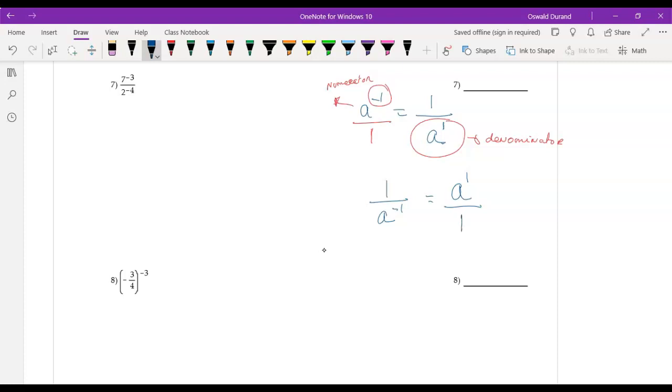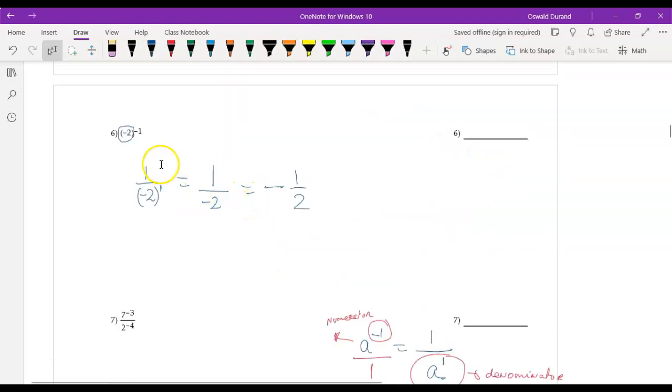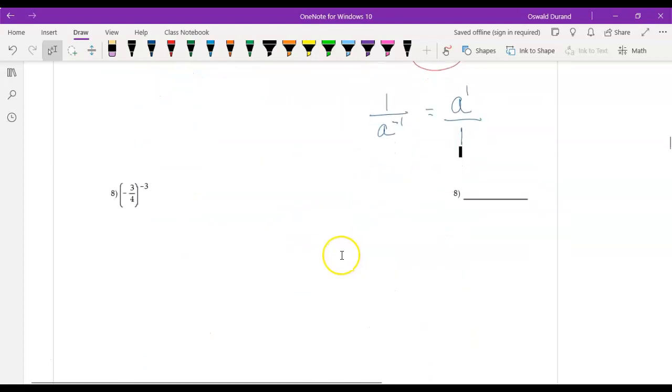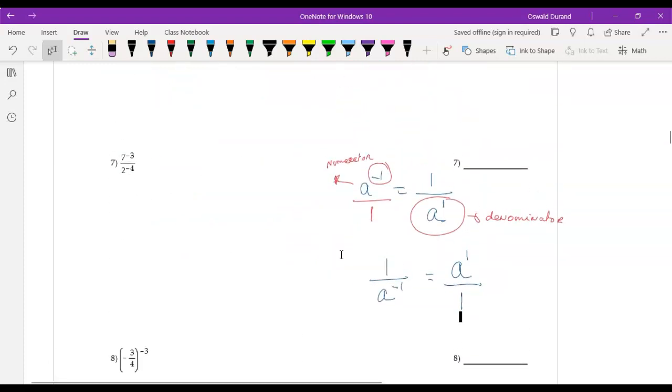Okay? So, if I'm following this process here, I want the reciprocal of a to the power of negative a, I don't have to do that. All I have to do here is say, hey, make those positive exponents. So all I have to do is move the 7 to the power of negative 3 as a denominator, and it becomes 7 to the power of 3. And then the 2 to the power of negative 4 is a denominator now.